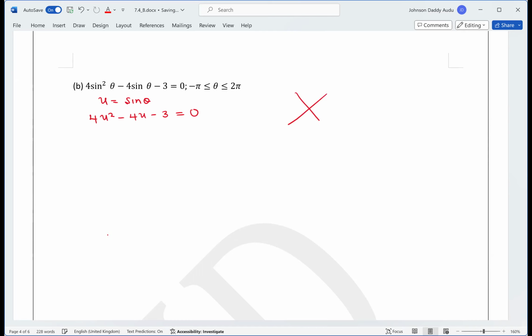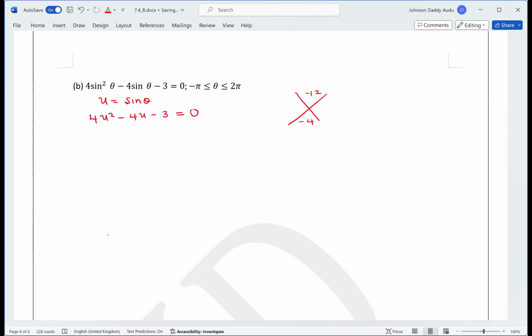This times this is going to be minus 12, and this is minus 4, right? So we're thinking of 2 factors that multiply to give us minus 12 and add to give us minus 4.